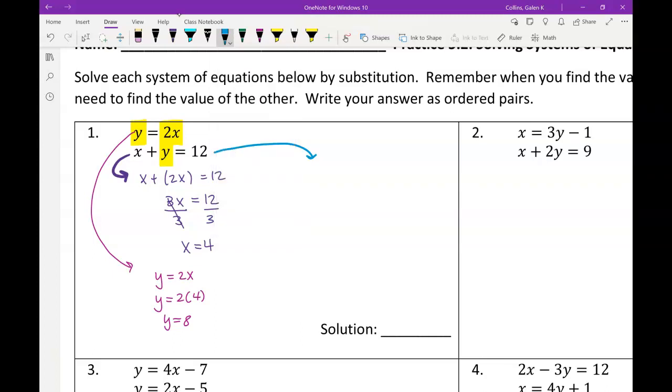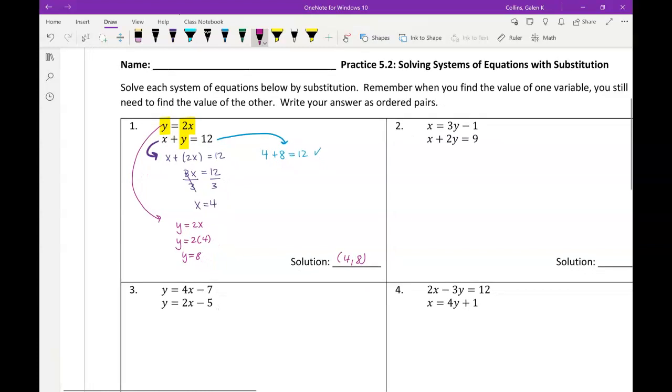If x is 4 and y is 8, that should equal 12, and it does. So our solution to our system is (4, 8), or x is 4 and y is 8. And if we were to graph these two equations, (4, 8) would be the point where they intersect.